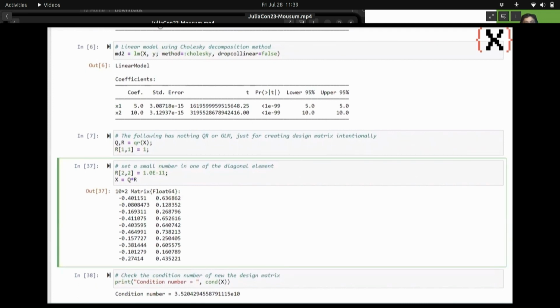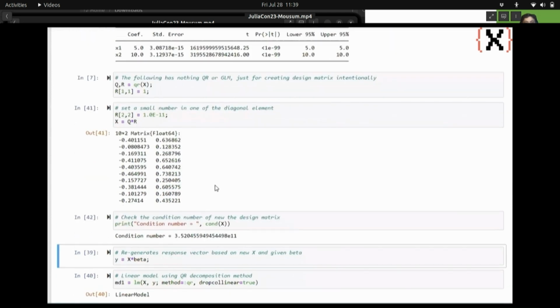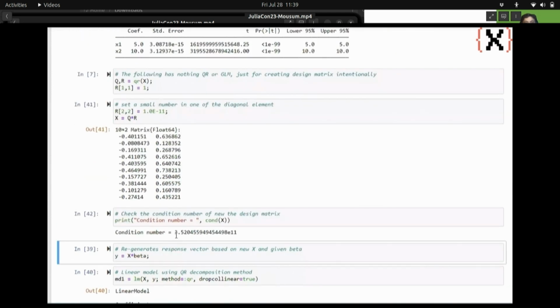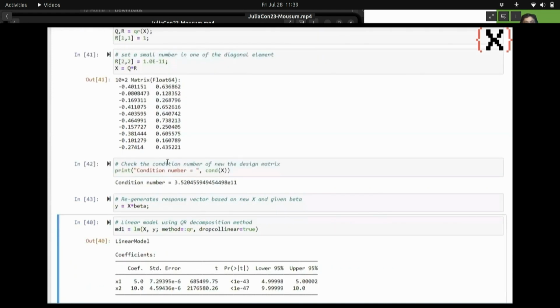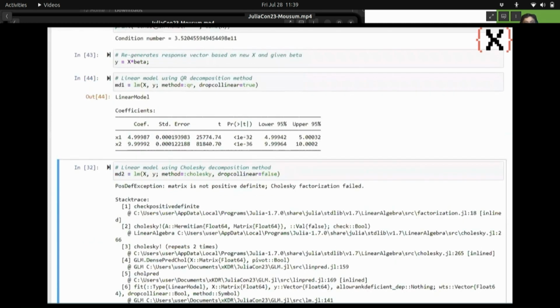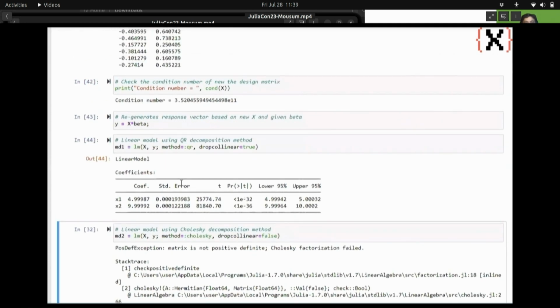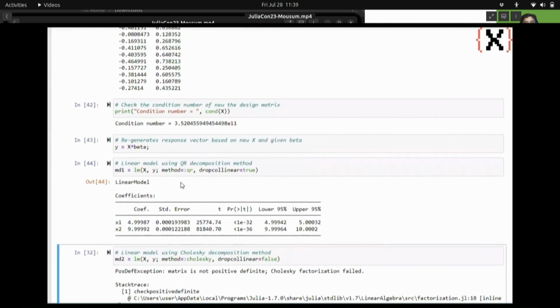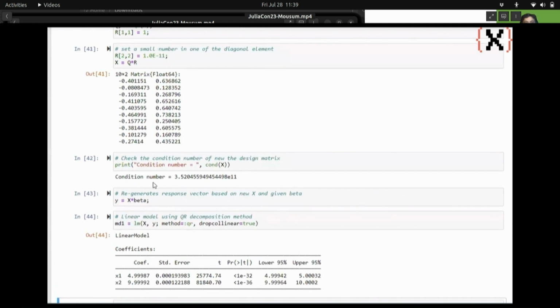Now 10 to the power 11. So the condition number is 3.5 times 10 to the power 11. Now let's regenerate the response vector with the new design matrix. Now we can see that it is not a perfect estimate. It is perfect up to 3 decimal places.